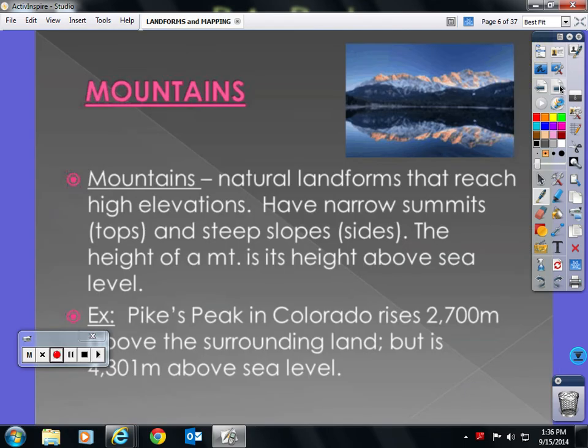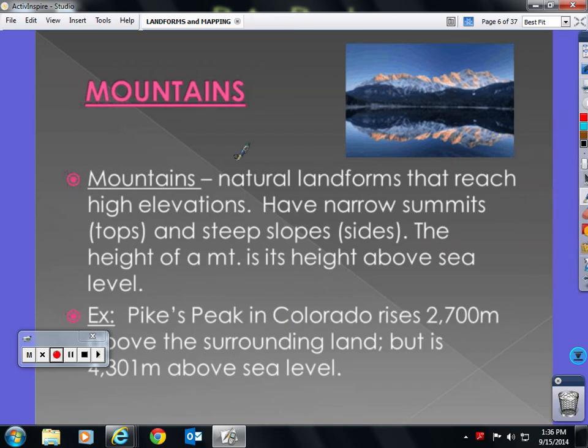Okay, I think you know what a mountain is. Maybe the most important thing here is to know that the tops are called summits and the sides are called slopes. And you get the height of it as in the height above sea level. So a mountain that is really inland, for example, the one in the example listed at the bottom in Colorado, is sitting on a continent.